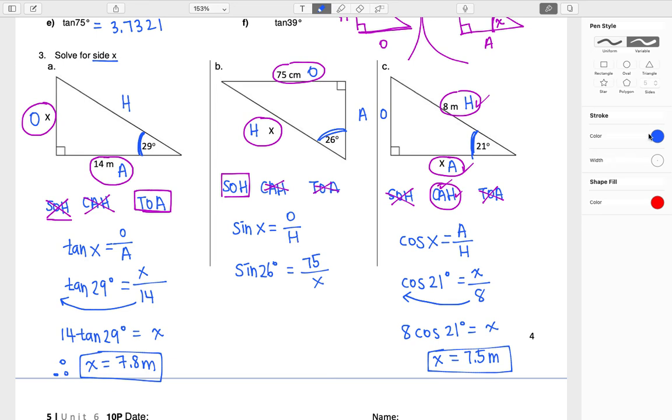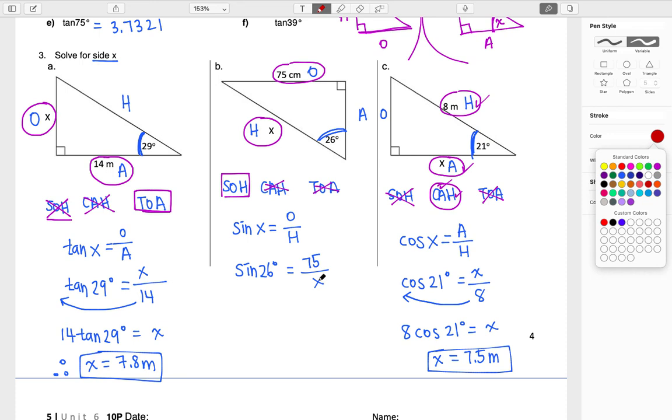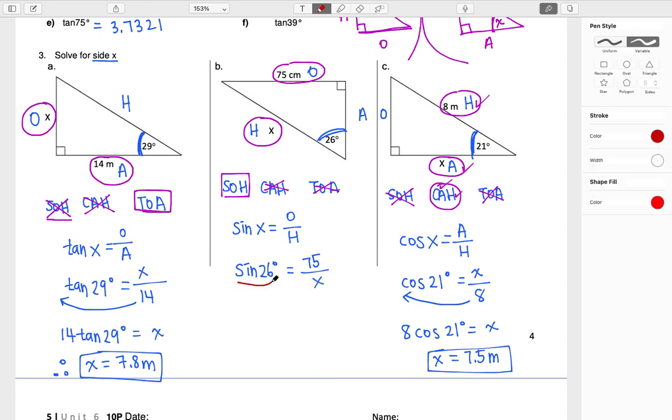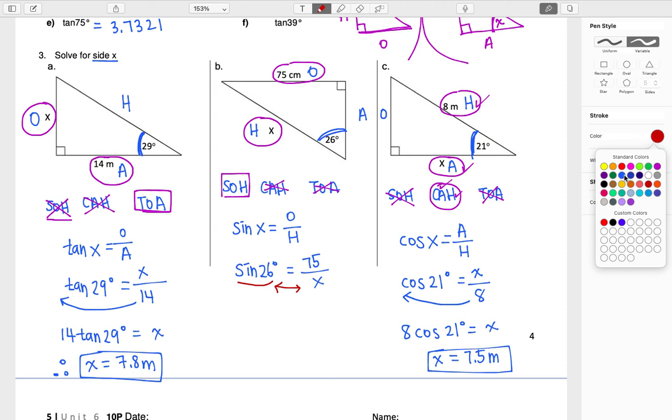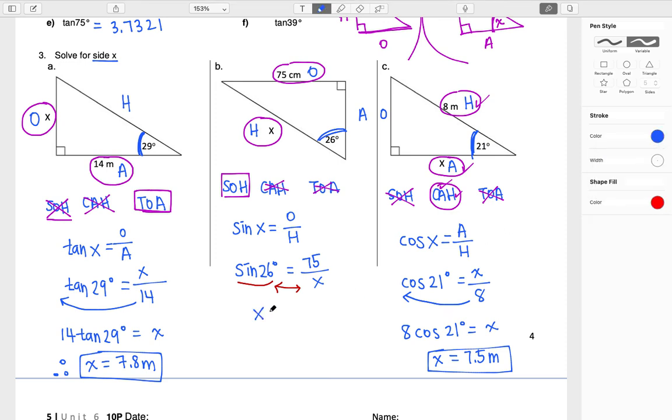So what you have to do is, here's the rule of thumb or trick. If your variable is in the denominator, all you need to do is just switch places. So then x is now over here, and in the denominator we're going to have sine 26.